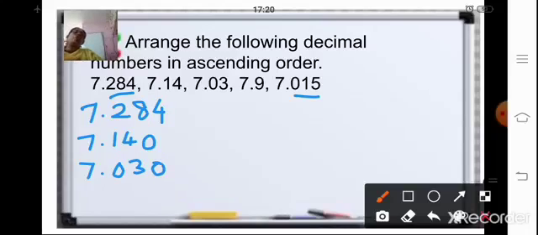So we will change all the decimal numbers to a 3-digit decimal part. Now 7.9: how many places do we need to add to make it like decimal? 2 decimal places more. So 7.900. And the last decimal number will remain as it is, 7.015.